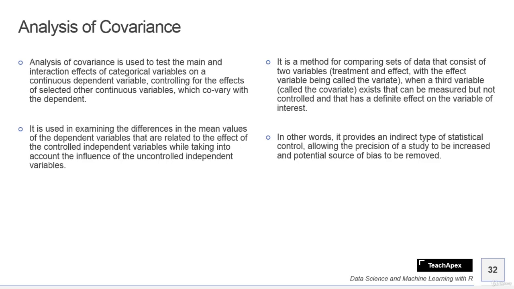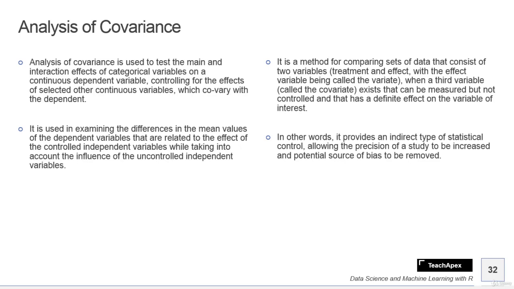So this is it in the analysis of covariance. Further, we are comparing sets, looking at the differences in the mean values of the dependent variables, and it provides an indirect type of statistical control, removing a source of bias.